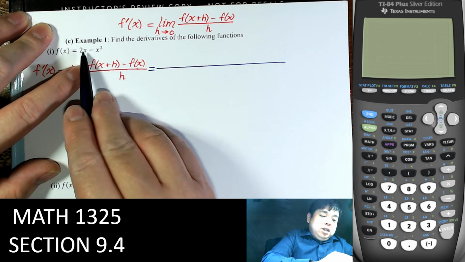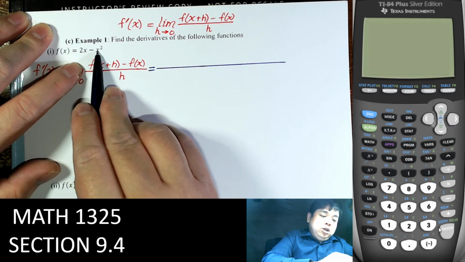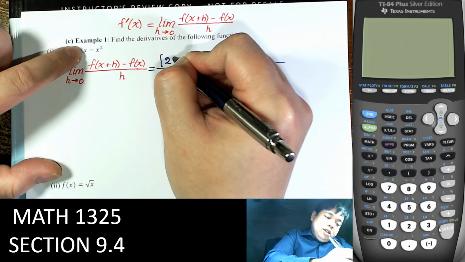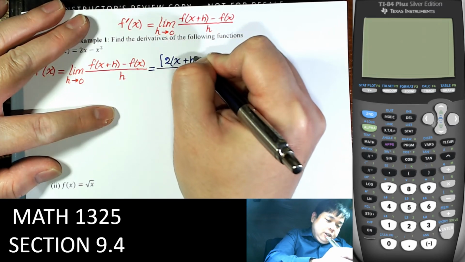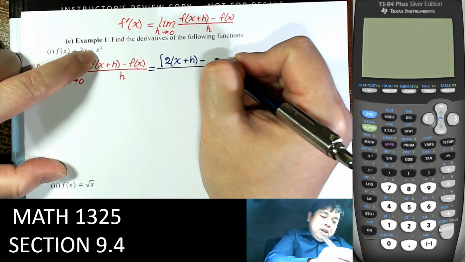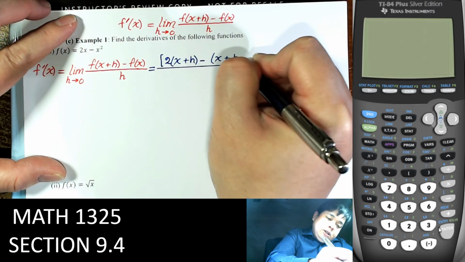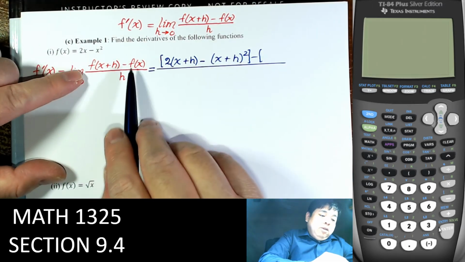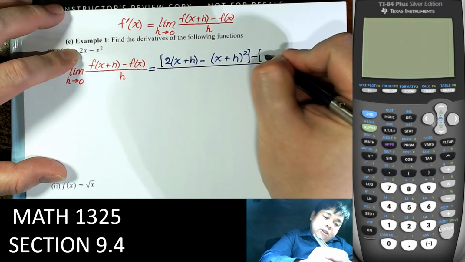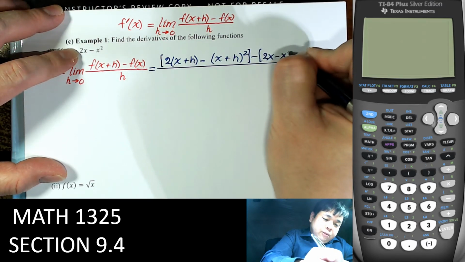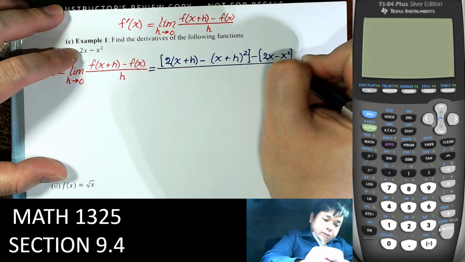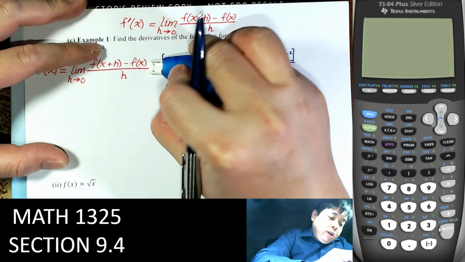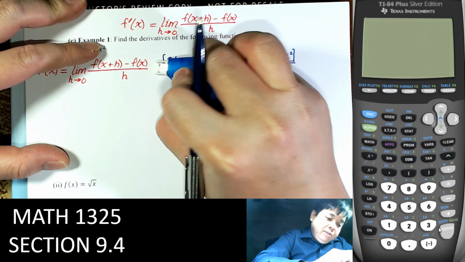So x plus h substitutes into this x, and x plus h substitutes into this x. We have 2 times x plus h, and instead of this x, it's going to be x plus h, and then subtract f of x, which is the original function, all of that over h. And of course, the most important, don't forget there's still the limit, right?